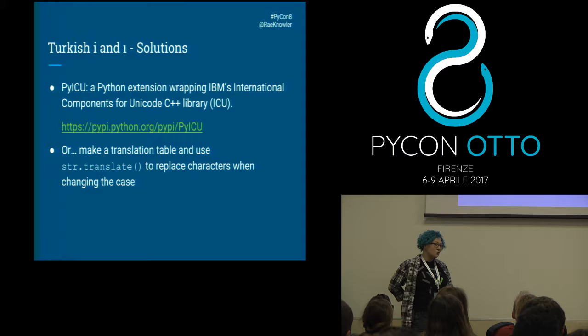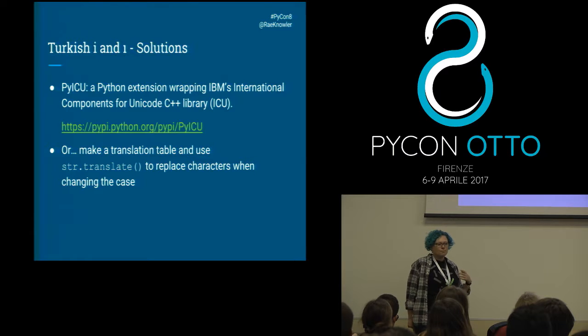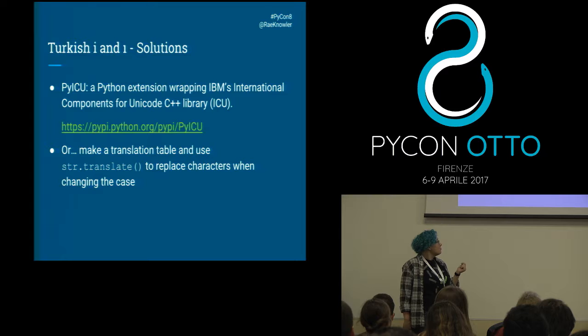The good solution is to use PyICU, which is the Python extension wrapping the International Components for Unicode C++ library. This is a great solution because it has everything in it that you could ever use for Unicode localization. The only problem is it's really heavy.